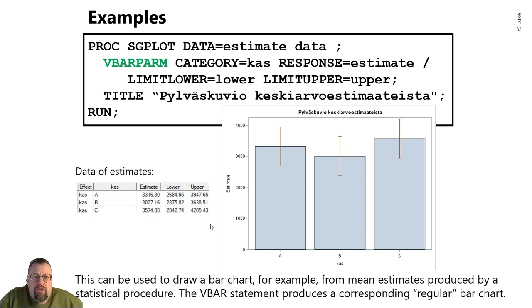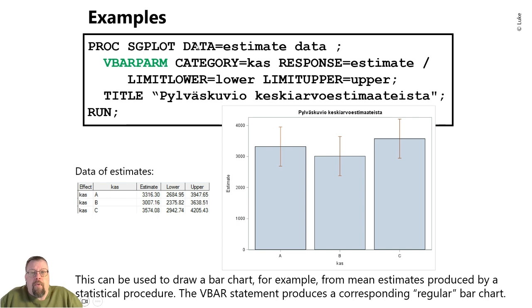We had the dot plot example as the previous example, but we can do the same by using this vbarparm. We also have a statement called vbar, but that's for more normal bar charts where you would calculate the length of each bar from the data.